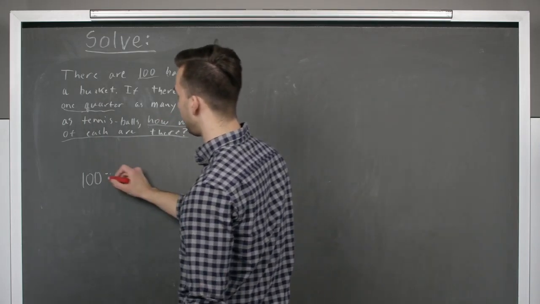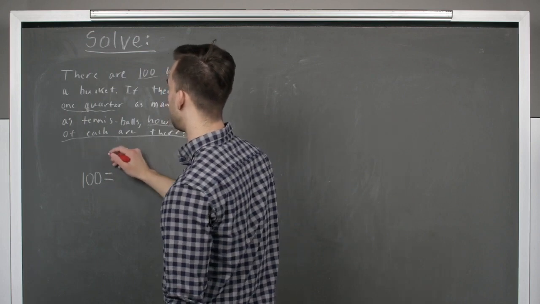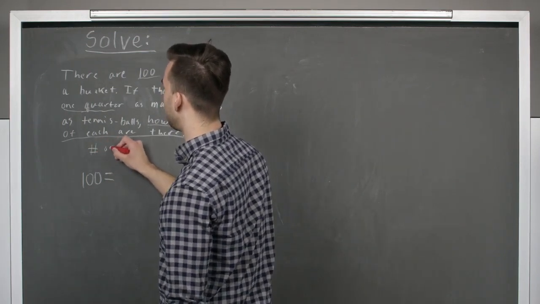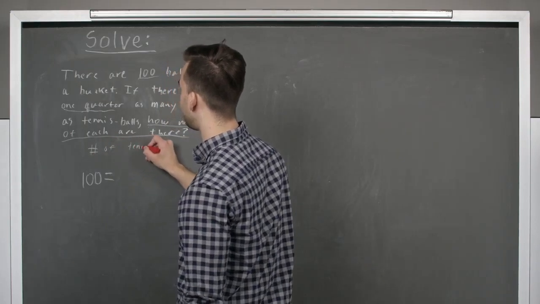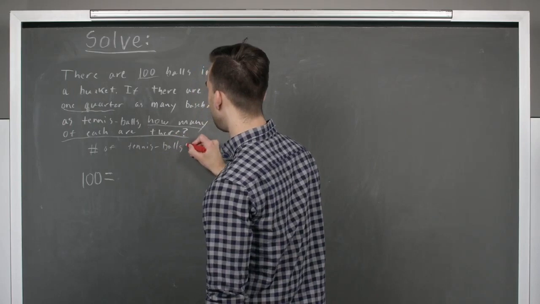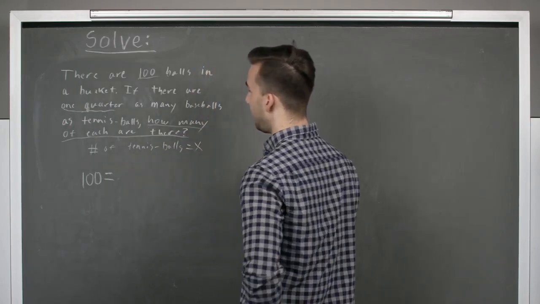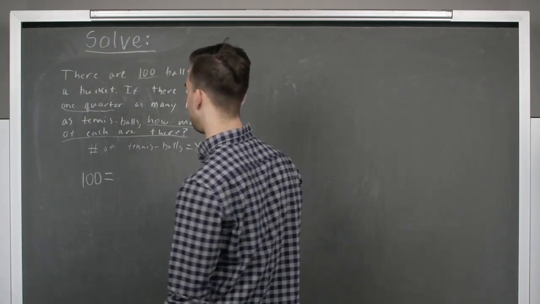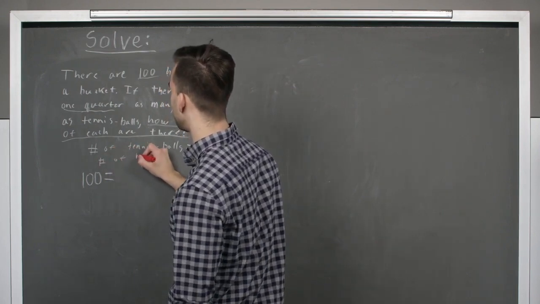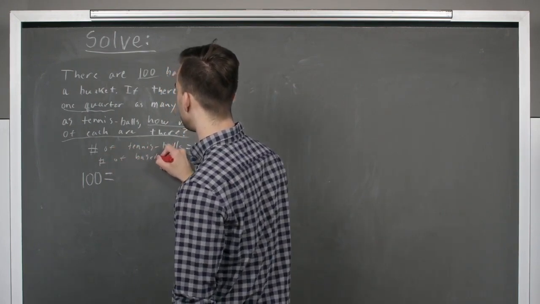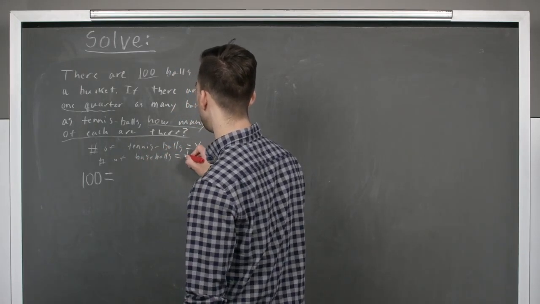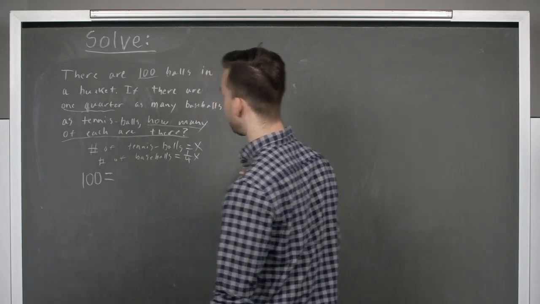So let's let the number of tennis balls equal x, and then we know the number of baseballs is equal to 1/4 x.